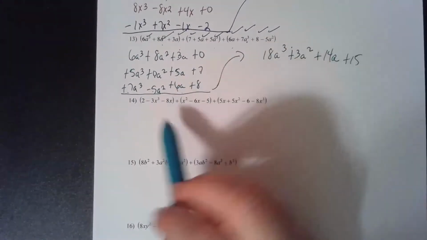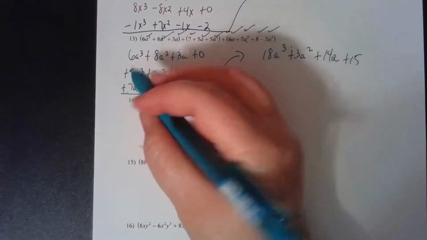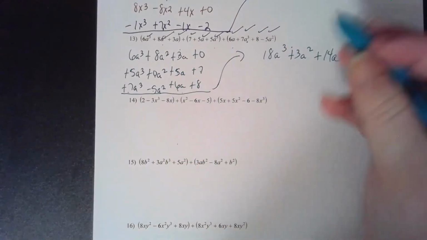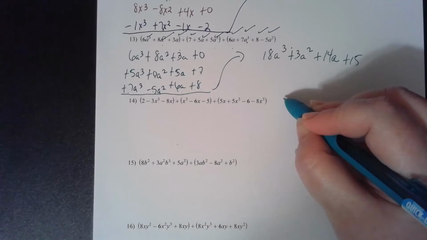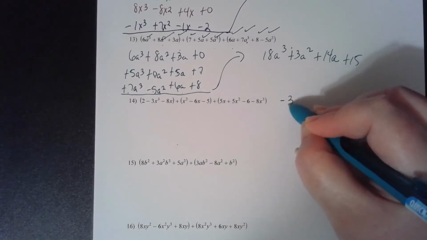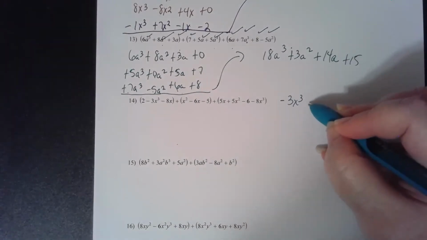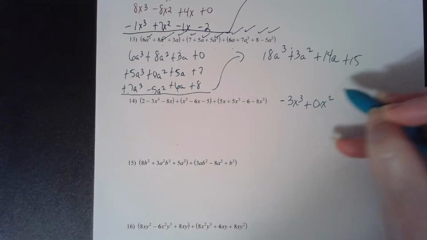So again, I see a cubed. So I'm just going to start out with cubed. I'm going to start over here. Let's see about if we just leave myself some room over here. Negative 3x cubed. Let's see. Plus 0x squared. So I see no x squareds.